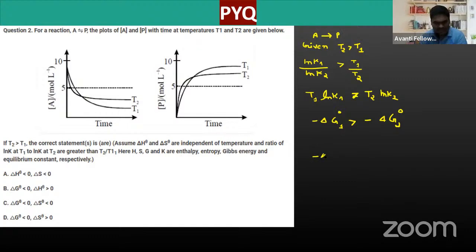So we can write as minus delta H naught plus T1 into delta S naught. So just put the value. So from this, what we'll get basically is T1 delta S naught is greater than T2 delta S naught.